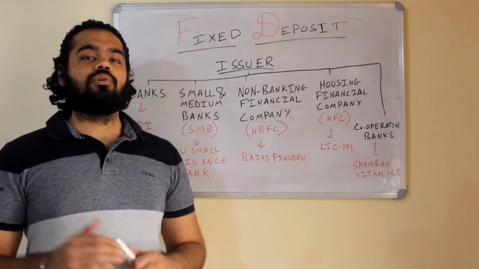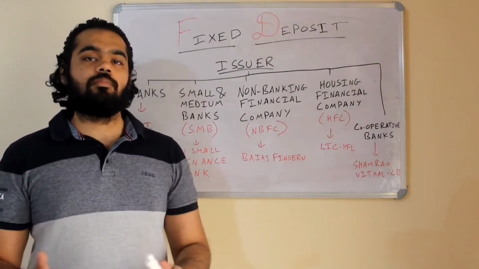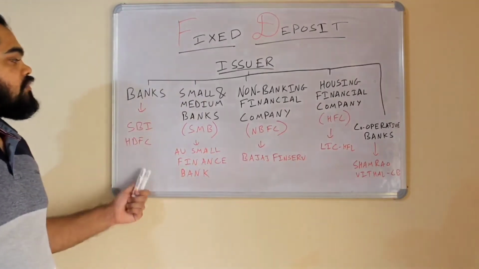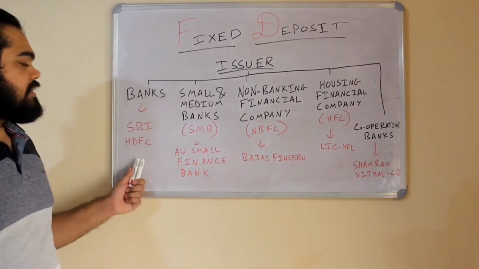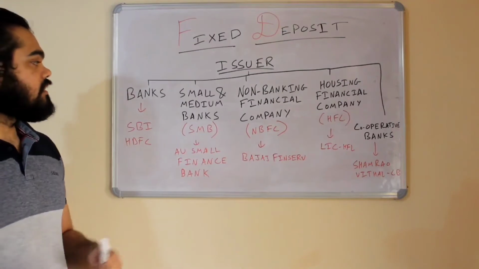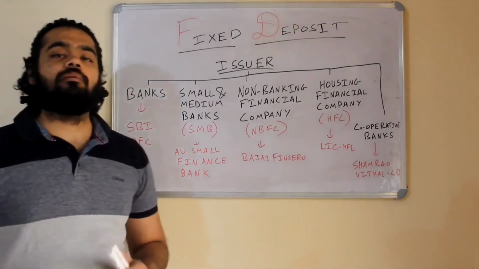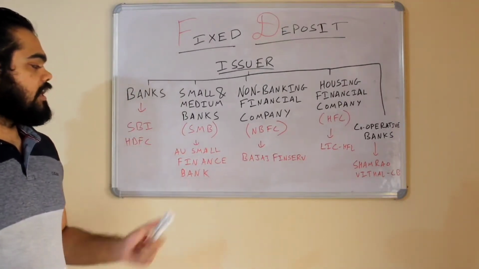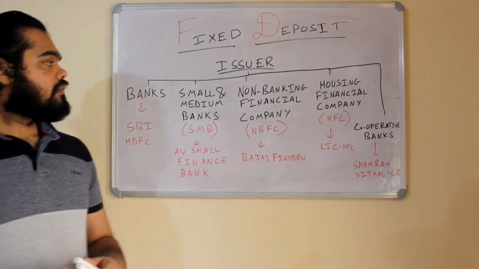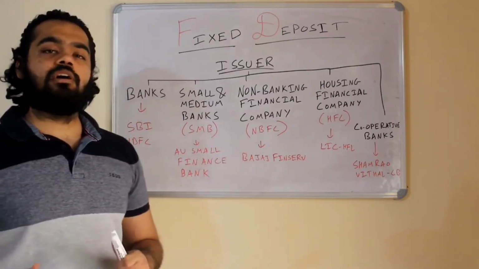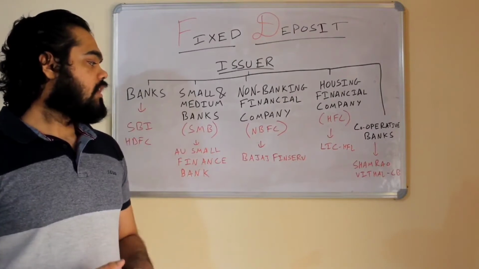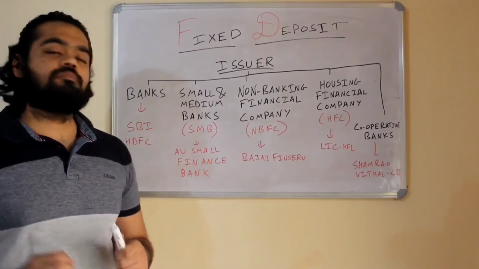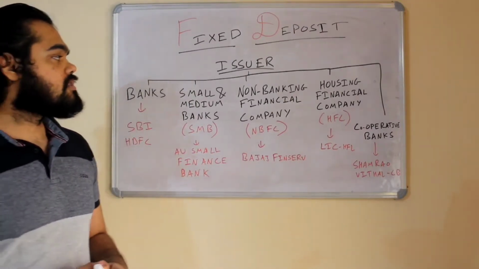So these are the issuers that offer fixed deposits to their customers. The first one are the banks, banks like SBI, HDFC, and other banks. The second one is small and medium banks. One example of it is AU Small Finance Bank. The third one is the non-banking financial company or NBFC as we know it. One of the NBFCs is Bajaj Finserv that offers fixed deposits.